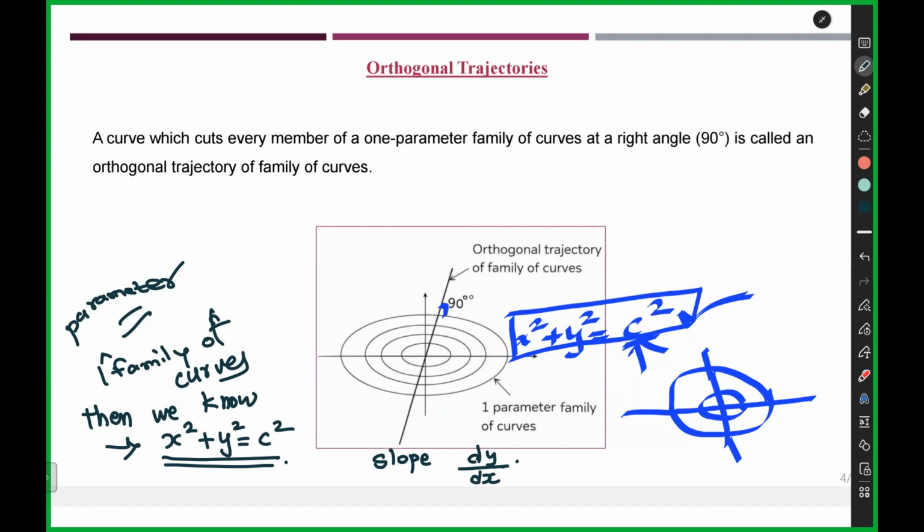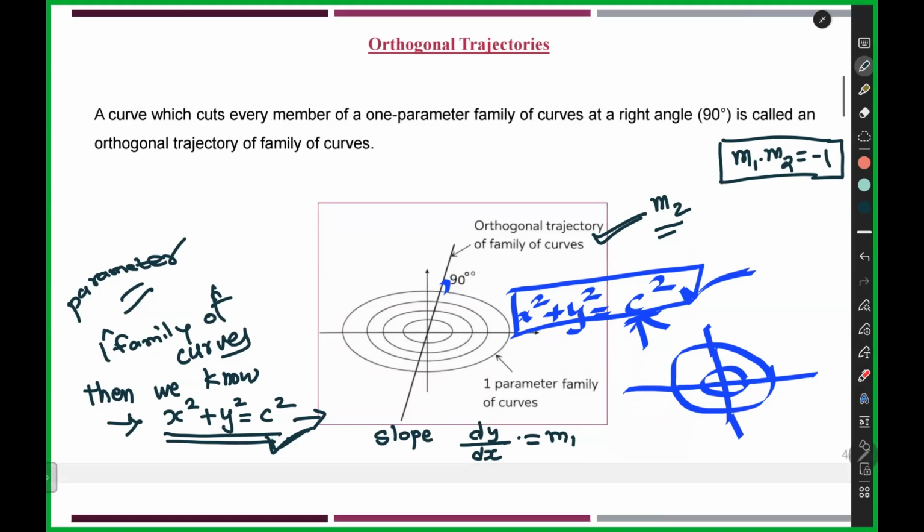Say the family orthogonal to the given family has slope m2. Then what is the relation between the two curves when they are perpendicular? m1 times m2 is equal to -1. So here we go with this concept.